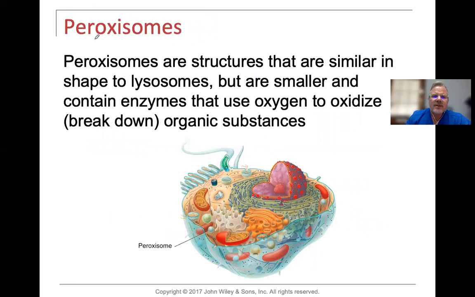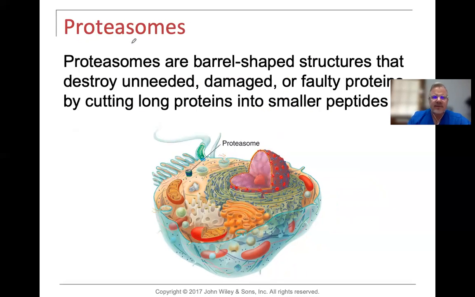The peroxisomes, these are structures that are similar to the lysosomes. They're a little bit smaller, and they contain enzymes that utilize oxygen to oxidize and break down organic substances, these toxins and alcohol. So we'll find these peroxisomes around the liver, even the kidneys to some degree.